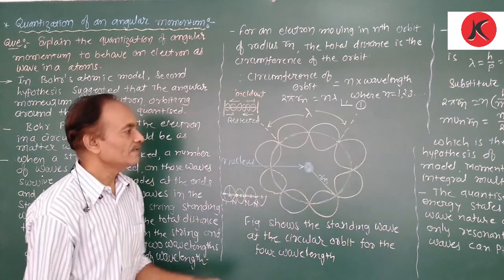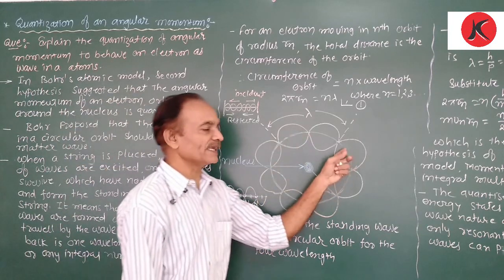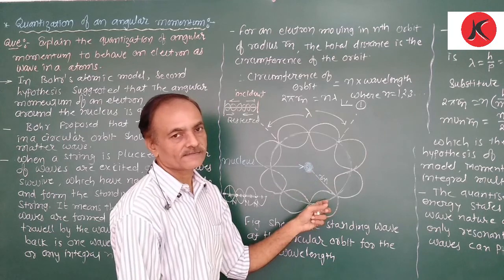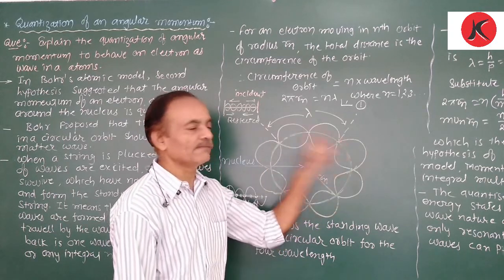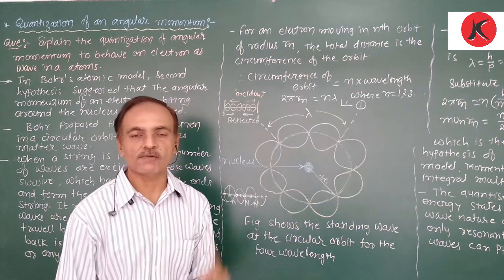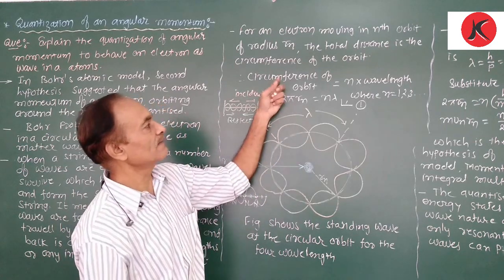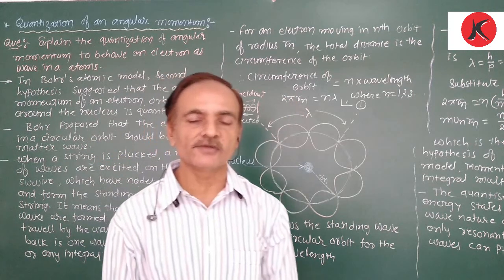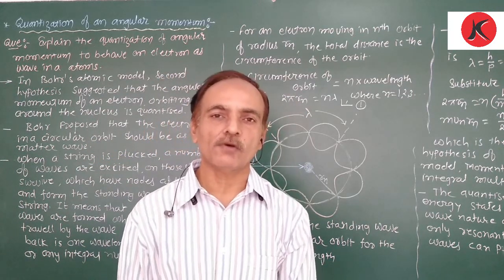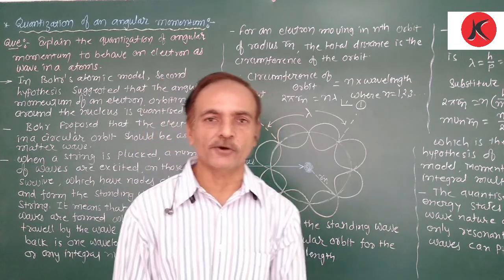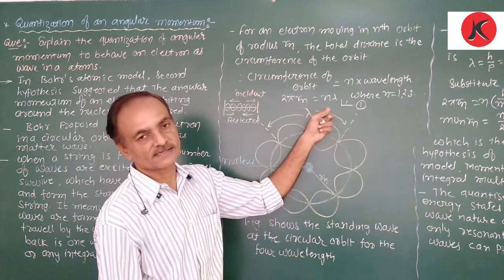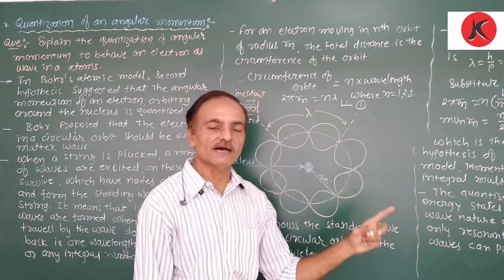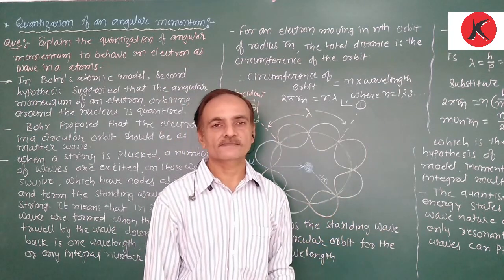Again, if the electron revolves around the nucleus in the nth orbit of radius r, the total distance traveled by the electron during one rotation is equal to the circumference of the orbit. If this distance is equal to an integer multiple of the wavelength of the electron due to its wave nature, then stationary waves are produced in this orbit.